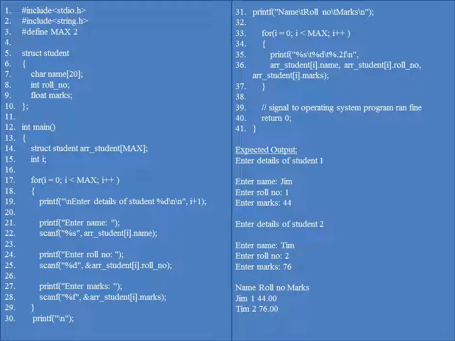So I can say that there is an array. Each location of the array further consists of three parts: name, roll number and marks, which is the structure.